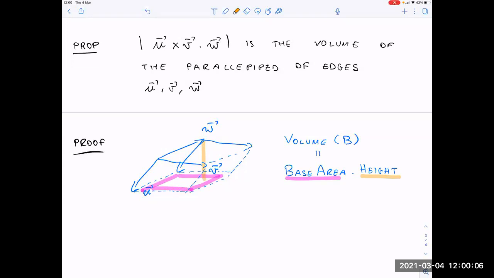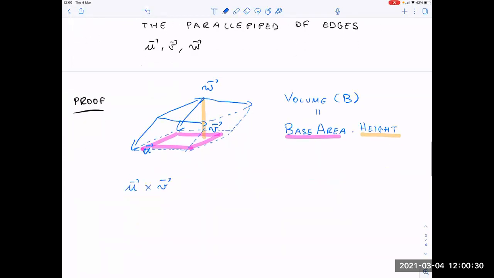Okay, so what do we need to do now? Well, we want to compute the base area, for example. And I have a trick for computing that. If you compute U cross V, what do you get?